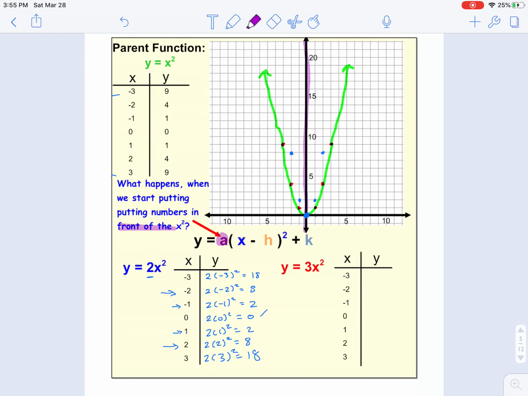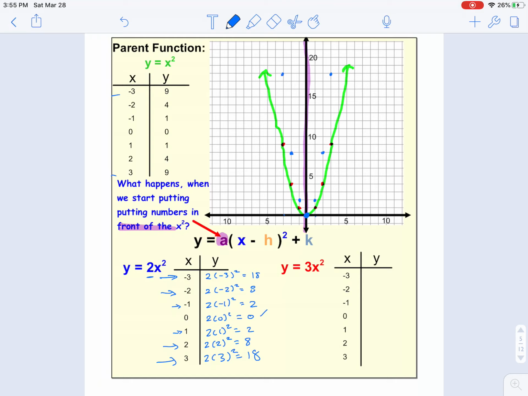Okay, again, those points are looking into the mirror, being our y-axis because the vertex is at 0. And let's grab our last 2 points. Back 3, I'm going to go up 18. Forward 3, I'm going to go up 18. So over 1, 2, 3, up 18.